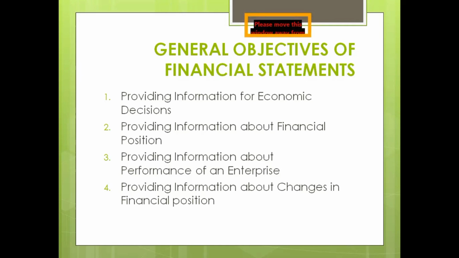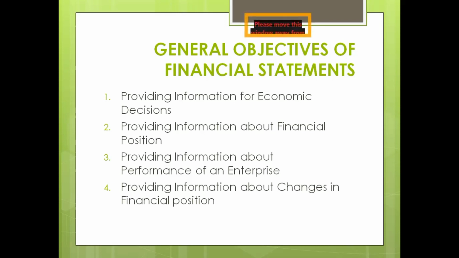Information about variability of performance is important and useful in predicting the capacity of the enterprise to generate cash flows from its existing resource base and informing judgment about the effectiveness with which the enterprise might employ additional resources.